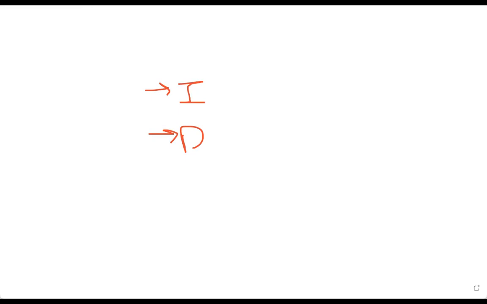Then herpes infections. In viruses you have herpes, AIDS, Coxsackie, influenza. In bacterial, group A beta hemolytic streptococcus. Then mycobacteria, mycoplasma also you can consider common.